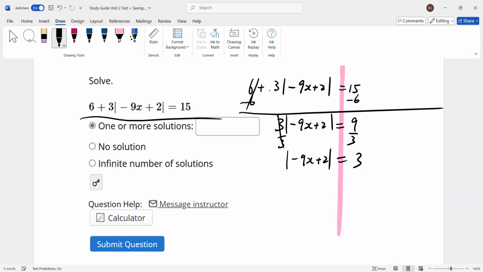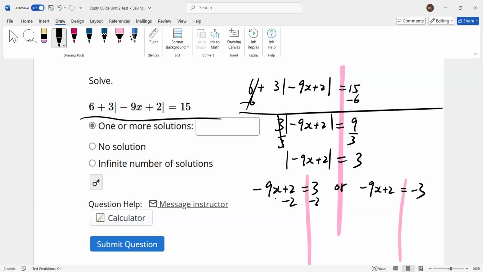All right, so how do we translate this equation and get rid of the absolute value at the same time? We are going to have negative 9x plus 2, the stuff inside the absolute value, equals 3, or negative 9x plus 2 equals negative 3. Let's solve those two simple linear equations.